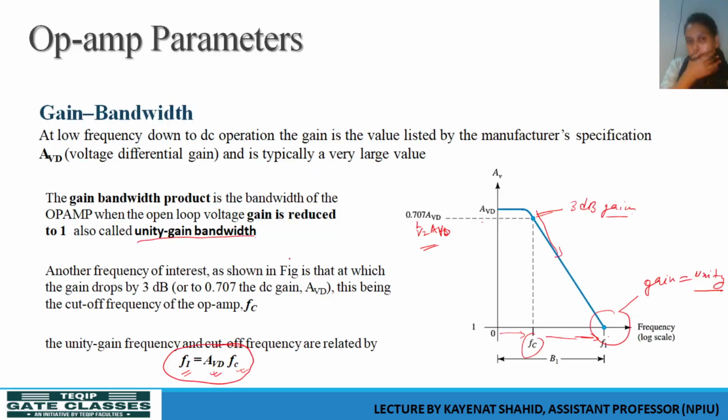We have talked about all the performance parameters. Every parameter is important if you want to work with the operational amplifier and if you are designing any application. You have to know at what frequency range and in what temperature environment you are working. Accordingly you will be choosing.